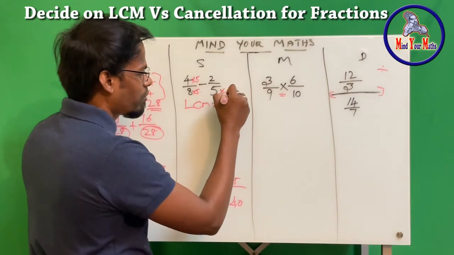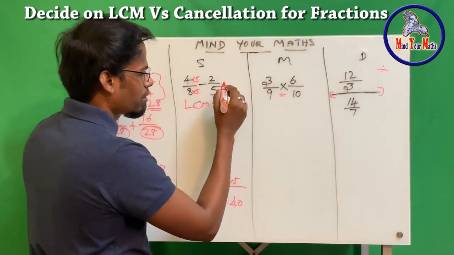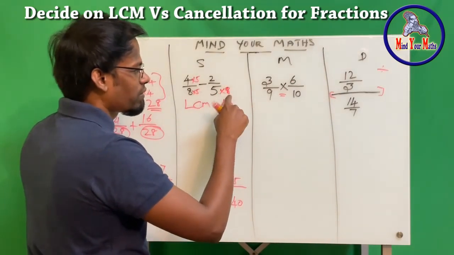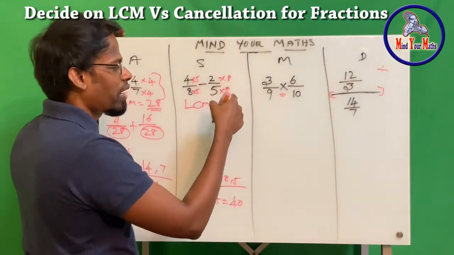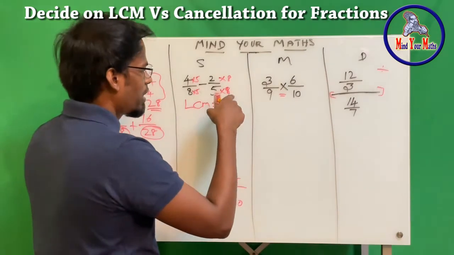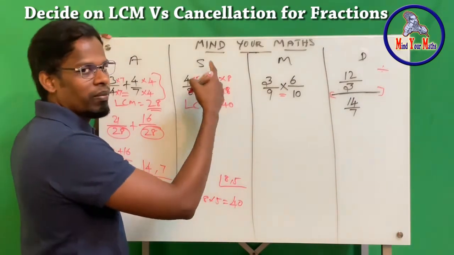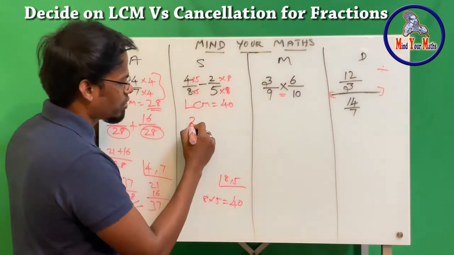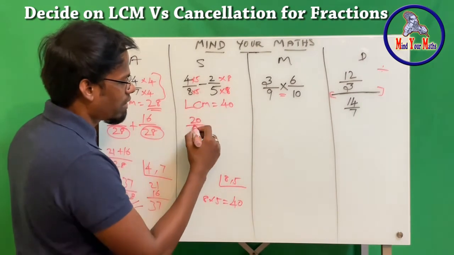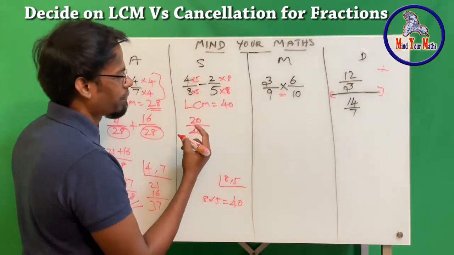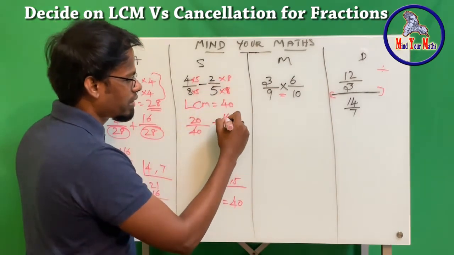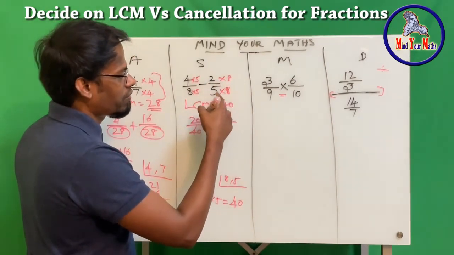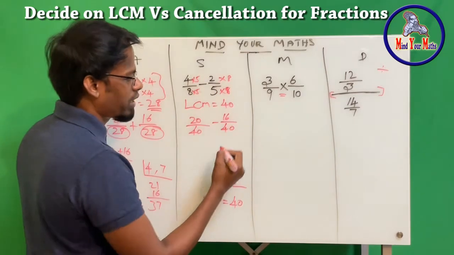So we multiply using 8, right? And because we are multiplying the 5 with 8, we have to multiply the 2 as well, the numerator and the denominator, right? So now this one will become 4 times 5 is 20 over 8 times 5 is 40, right? Minus 2 times 8 is 16 over 5 times 8 is 40 again.